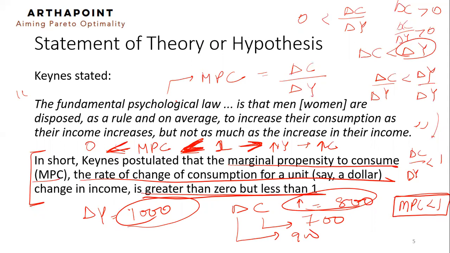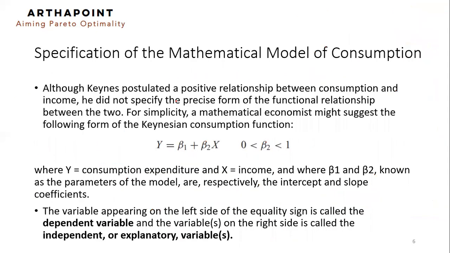Now, this is a statement that we just picked from history. To be more specific, it's a theory that has already been established in economics. I want to go ahead and specify a mathematical model.